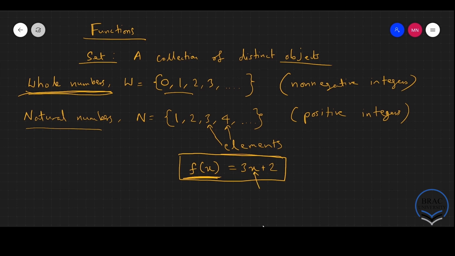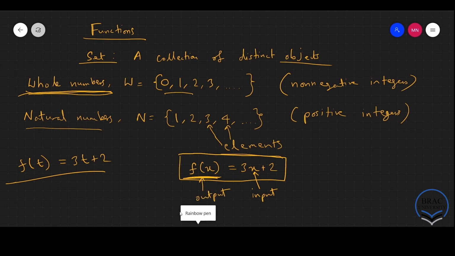So here we have x, which is just a dummy variable because we can easily replace x with some other symbol. So it's just a placeholder. We can easily write f of t, for example, which is equal to 3t plus 2, right? And both of these functions are completely identical and equivalent. So we can consider this variable to be our input and f of x will be our output.